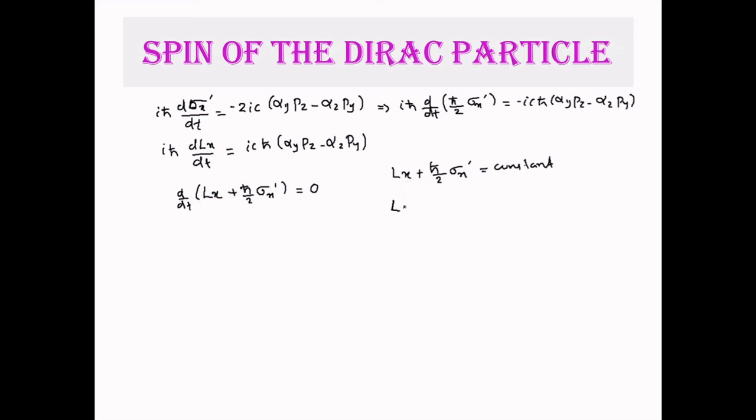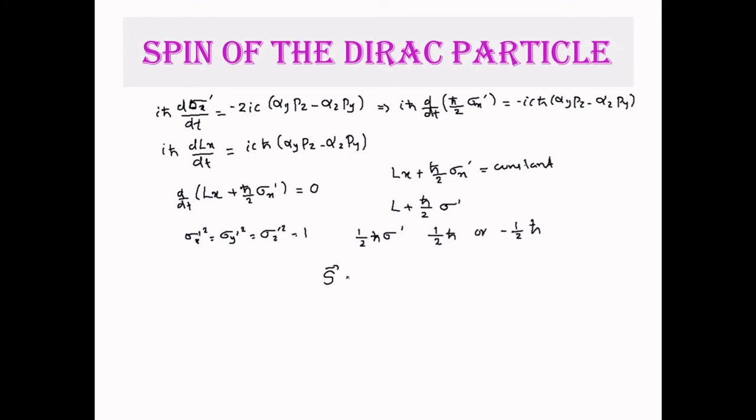Therefore, the quantity L plus ħ/2 σ' commutes with the Hamiltonian and can be taken as the total angular momentum. Now, from the structure of the σ' matrices, we can write σx'² equal to σy'² equal to σz'² equal to 1, and this gives the eigenvalues of ħ/2 σ' as either ħ/2 or minus ħ/2.